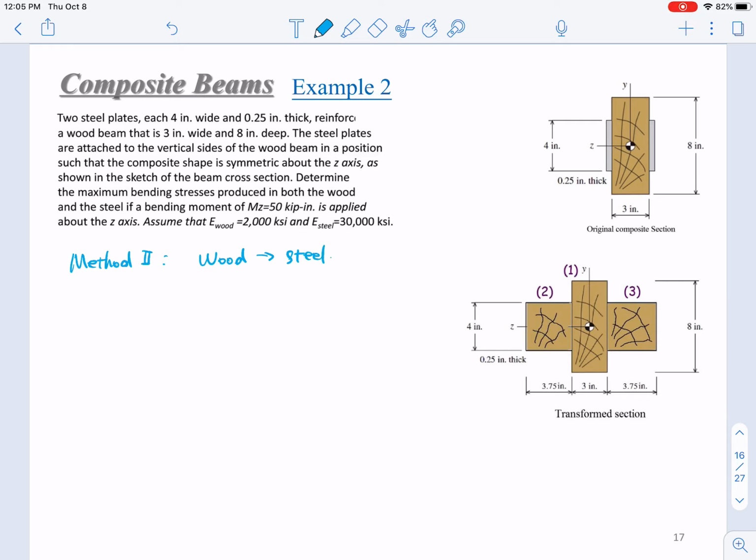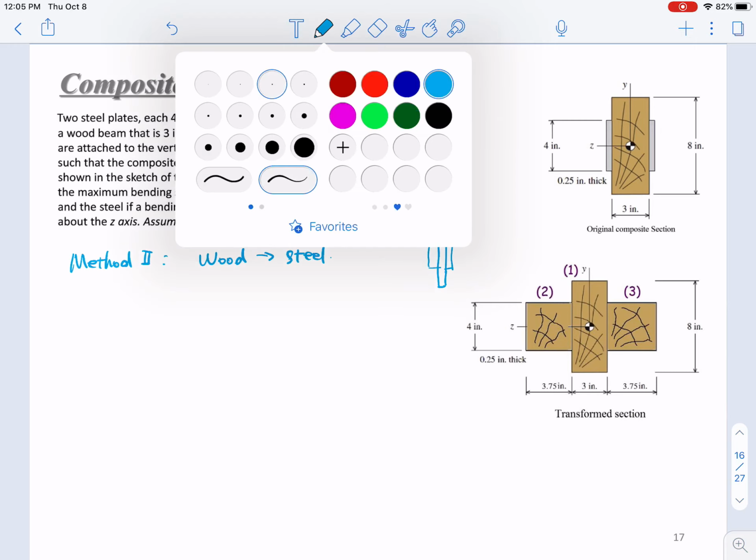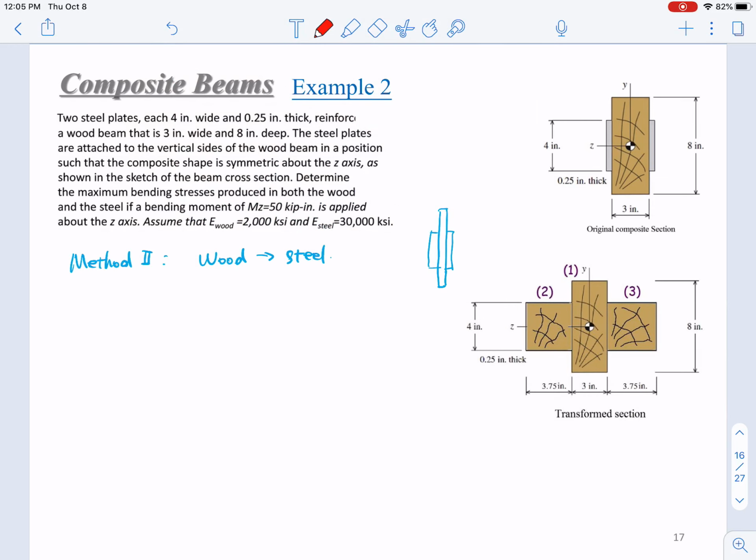So what kind of cross section will you get? You will get a much narrower central piece. The size of the steel will not be changed, but the width of the wood will become much smaller.